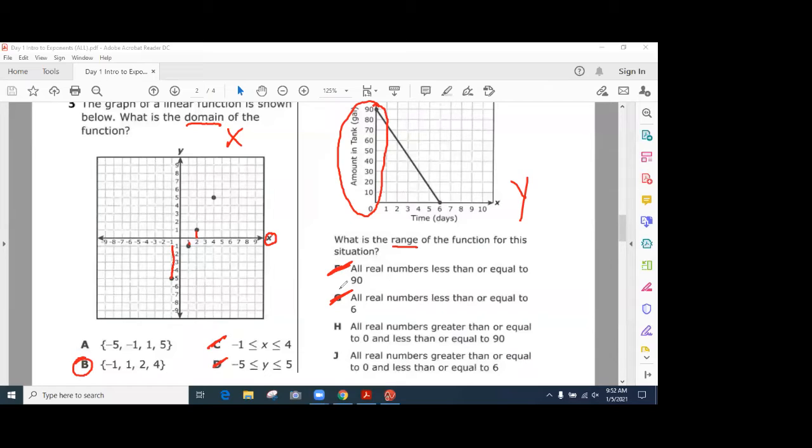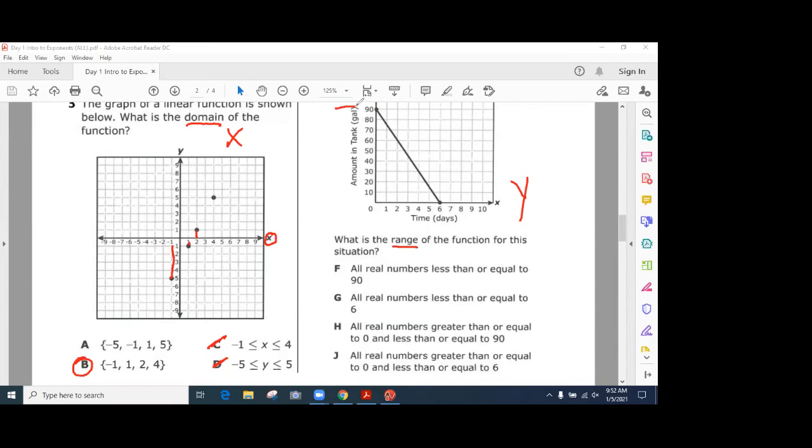Now, when you look at your answers, both of these have 0. 0 is obviously one of our numbers. But our other number is either 90 or 6. And only one of those numbers comes from the y-axis. Which number comes from the y-axis? Yeah, 90. Now, that's kind of being a good test taker, just showing you what we're talking about here.